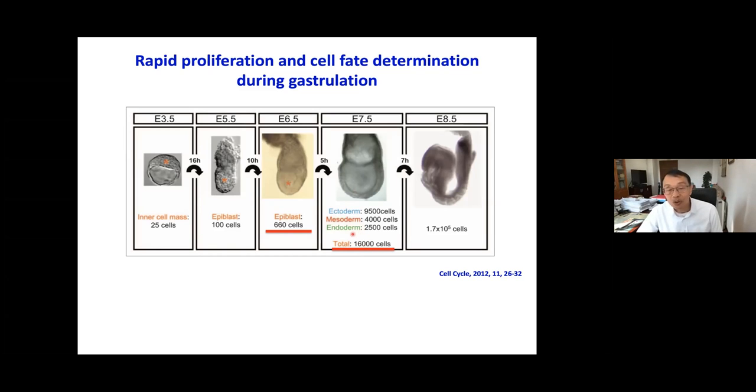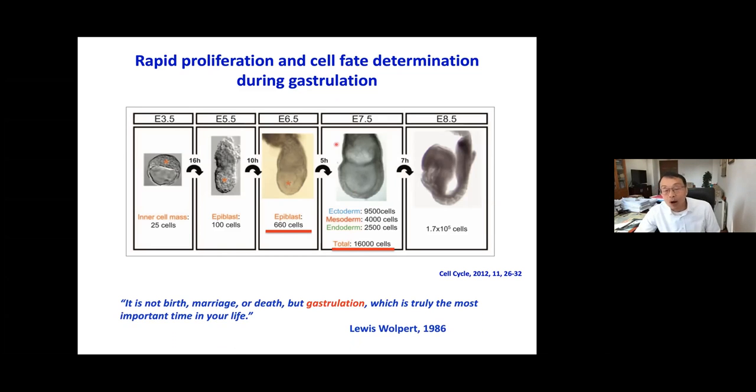And they also become the 3 germ layers. So this is a very rapid proliferation and cell fate determination. This is why the UK developmental biologist Lewis Wolpert said it is not birth, marriage, or death, but gastrulation which is truly the most important time in our life.